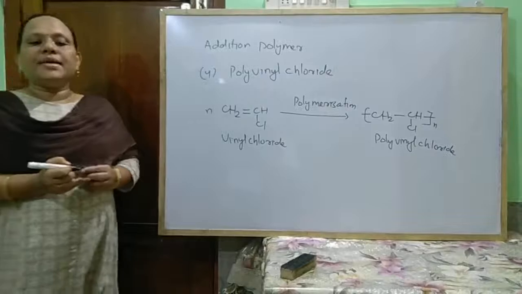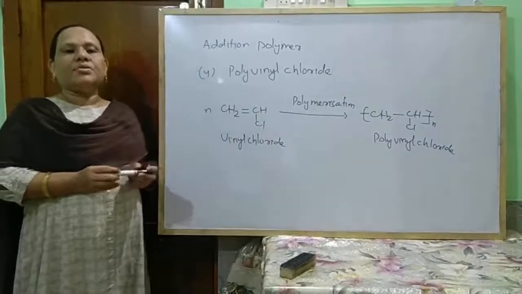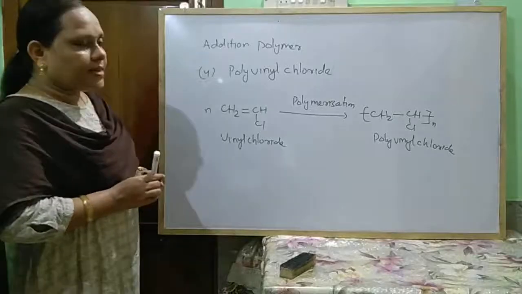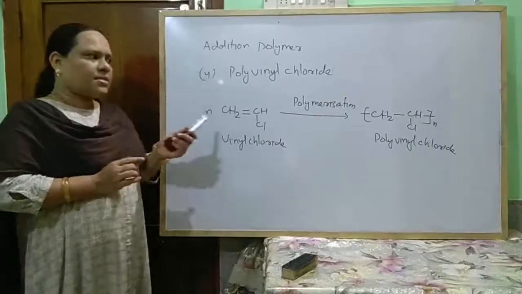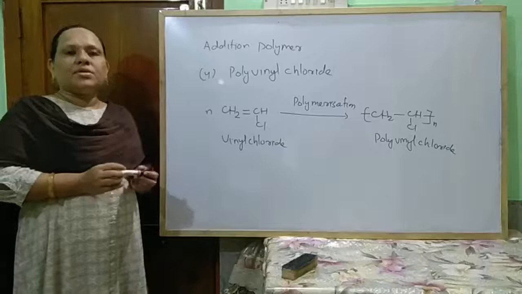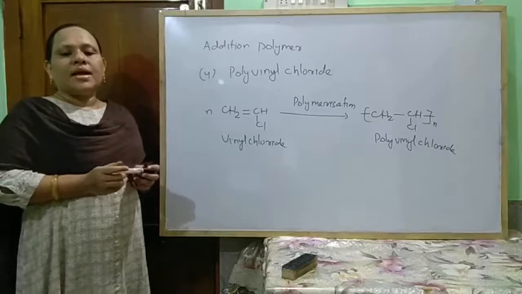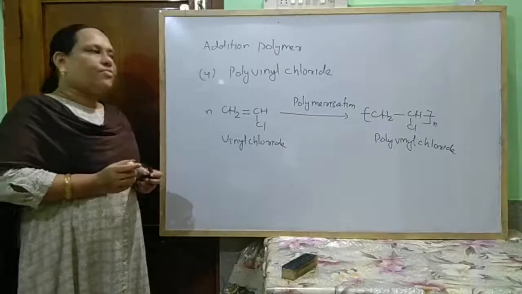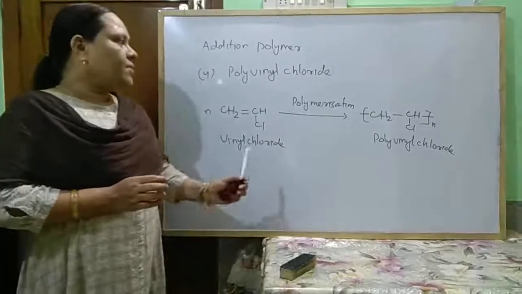Polyvinyl chloride is generally used in the manufacture of PVC pipes, for insulating electric installations, and for making raincoats, tablecloths, handbags, gramophone records, etc.